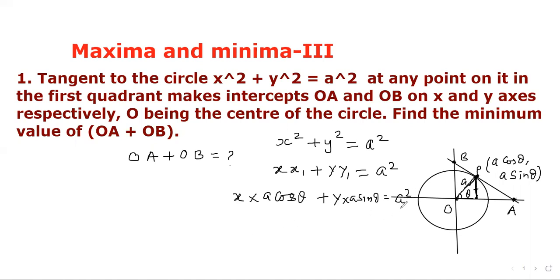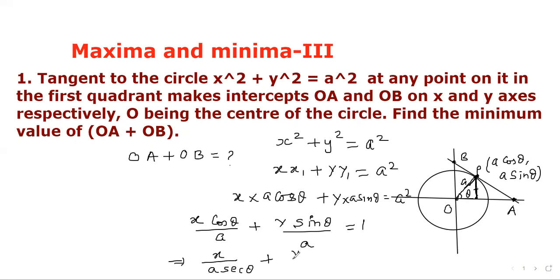We divide each term by a square. So we get x cos theta divided by a plus y sin theta divided by a equal to 1, or x upon a sec theta plus y upon a cosec theta equal to 1.